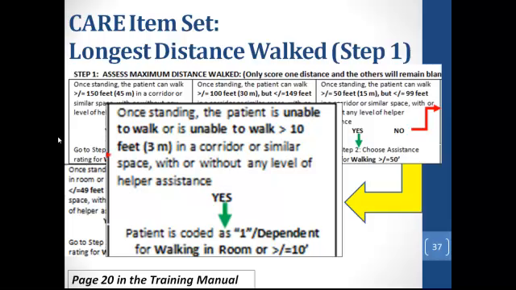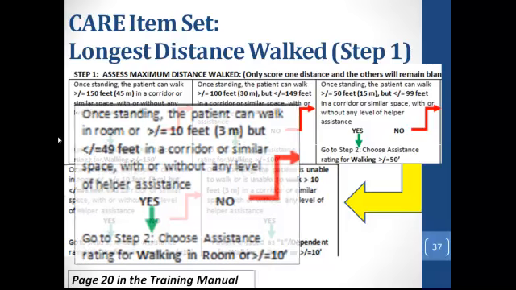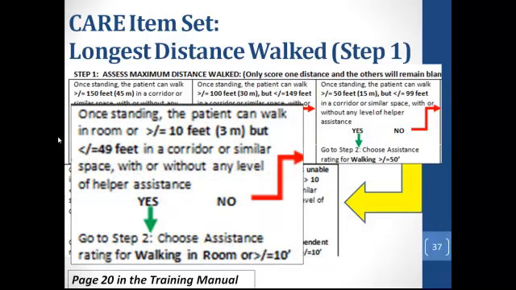Your score is dependent, or a 1 for walking in room or greater than or equal to 10 feet, because the patient did not walk 10 feet. But if your patient walks 45 feet on evaluation, your distance would be scored for walking in room or greater than or equal to 10 feet.